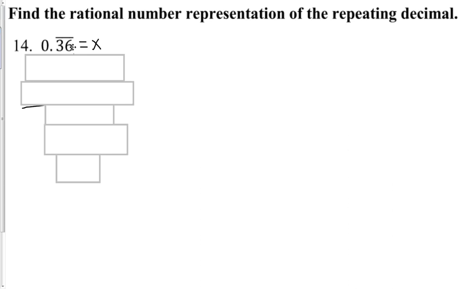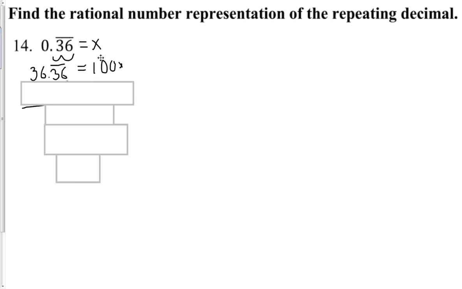So 0.36 repeating equals some number x, and then we want to move the decimal so that we get one series of the repeat. So in this case, two numbers repeat, so times 100, and we get 100x equals 36.36 repeating.